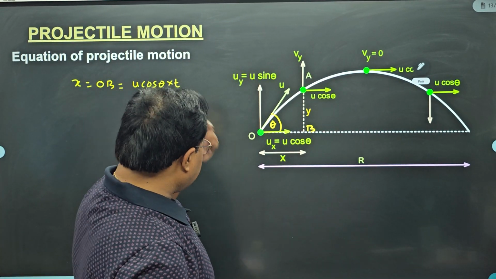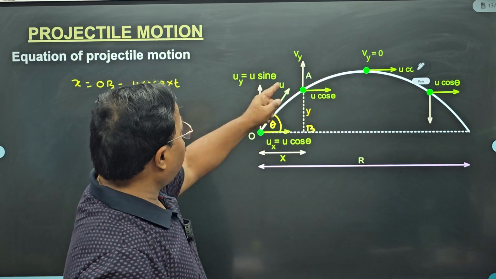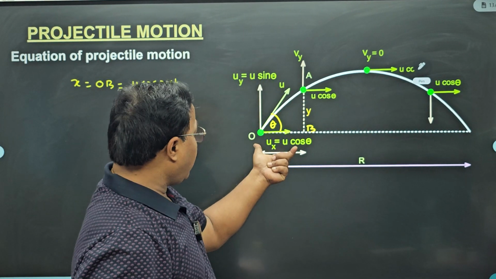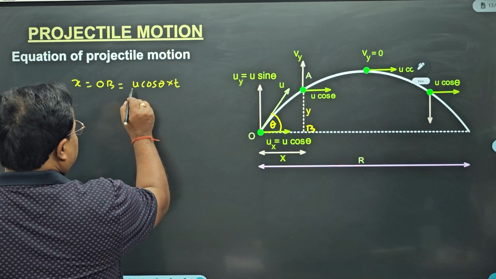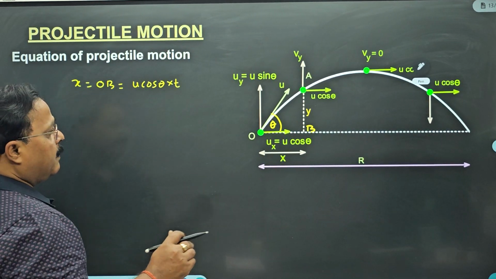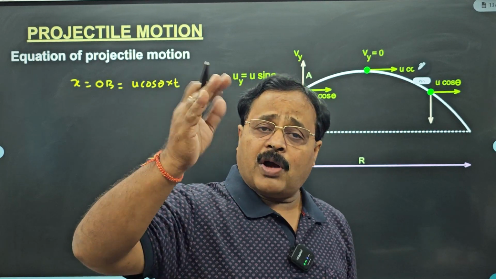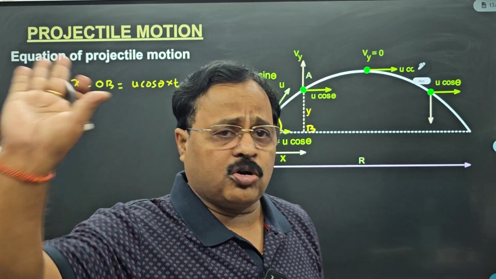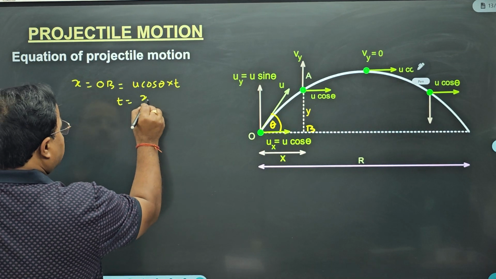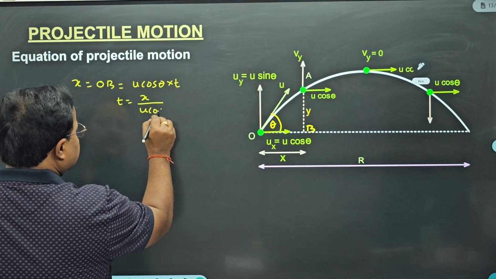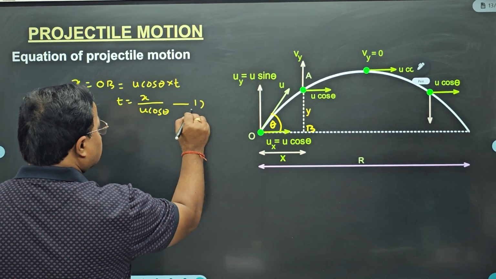Time t is the time in which the projectile moves from O to A, during which the horizontal displacement covered is x. So time is equal to x by u cos theta. This is equation 1.